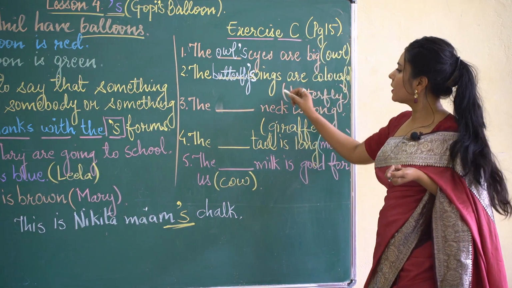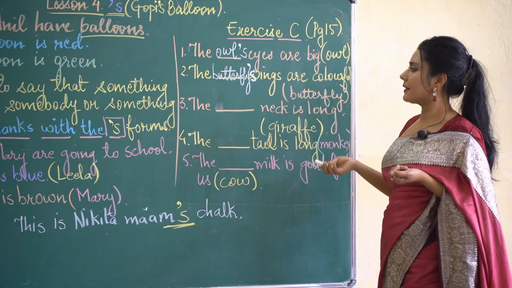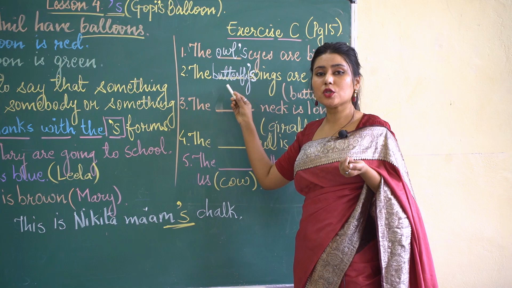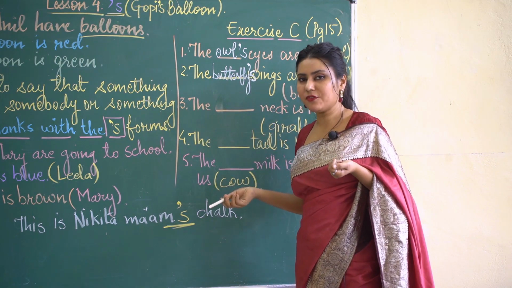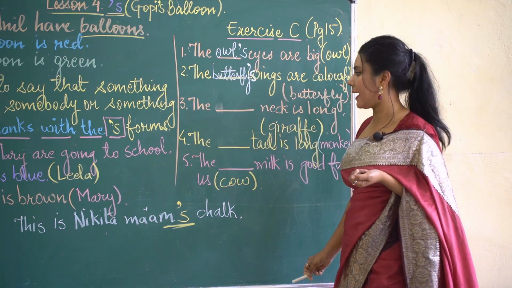It will be the butterfly's wings are colorful. Right? That means the wings, they belong to who? The wings belong to the butterfly. Wings belong to the butterfly. That's how you denote by applying an apostrophe S.